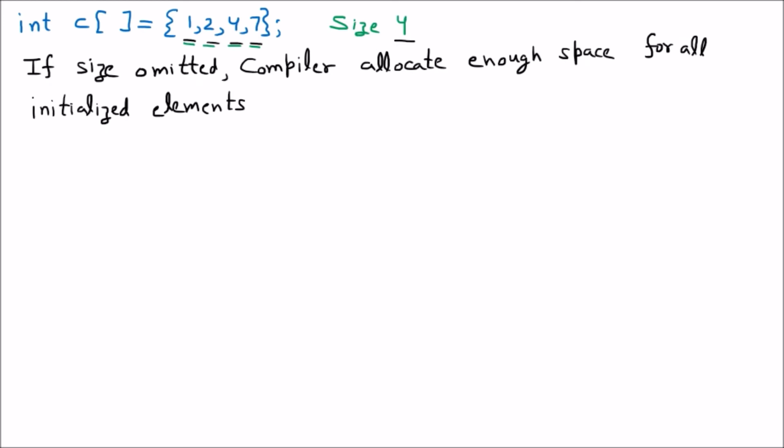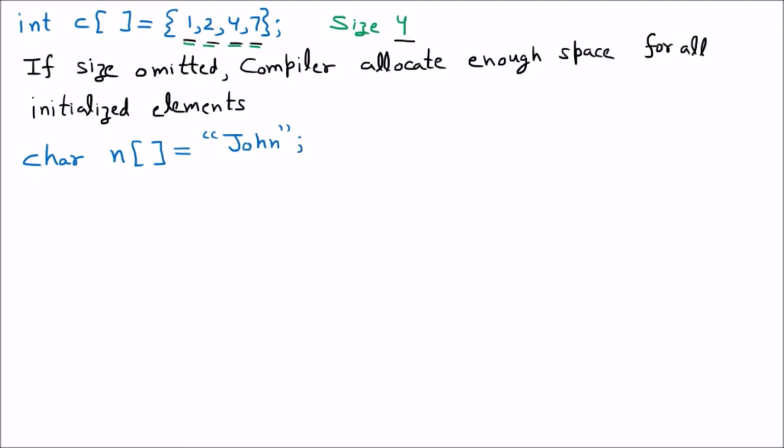But what will happen in the case of a character array? Because a character array also has the null value. So I'm taking the example of a character array. Let us suppose that I am saying char name[] equal to, in double quotes, that means a string, I am passing "John".